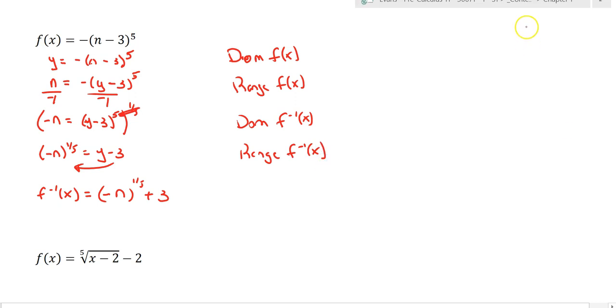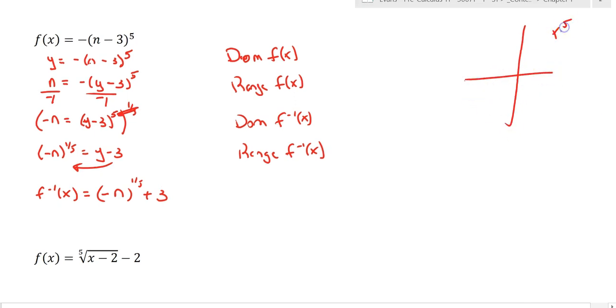If you picture the graph of a fifth power, x to the fifth, now this is a negative x to the fifth, so it's going to look like this. So if you look at that, you know that the domain is all real numbers, and the range is all real numbers, which means the same thing happens here. So those are pretty easy if you look back at the graphs.